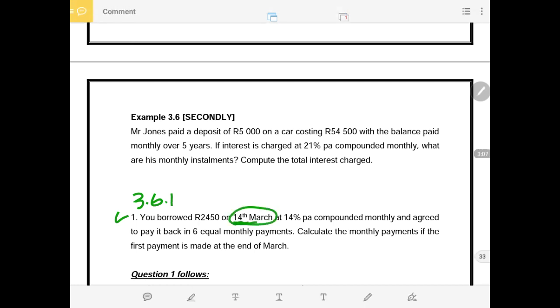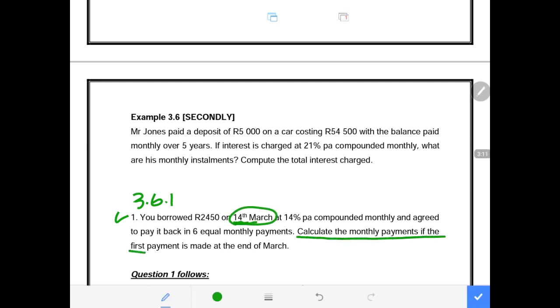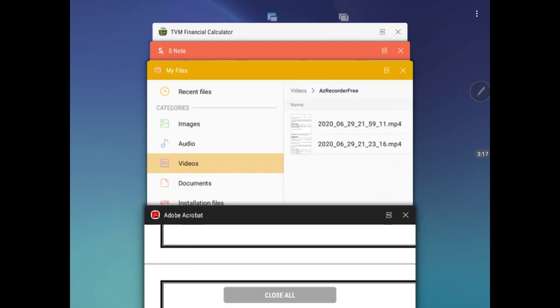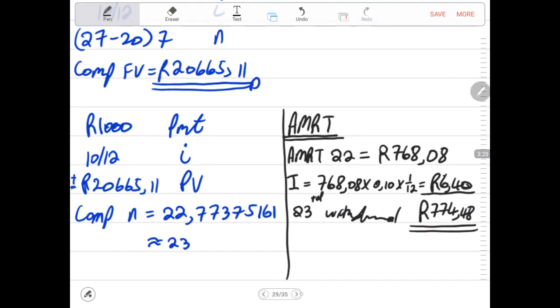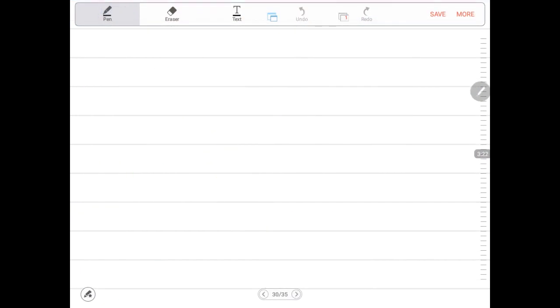Now we first need to calculate the future value, then after we compute the monthly payments that will take place for the next 6 months. So now let us first say we are computing the future value. Then we need to say how much do we have in the account, or how much have we borrowed.